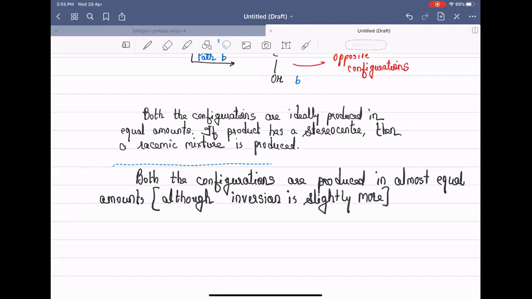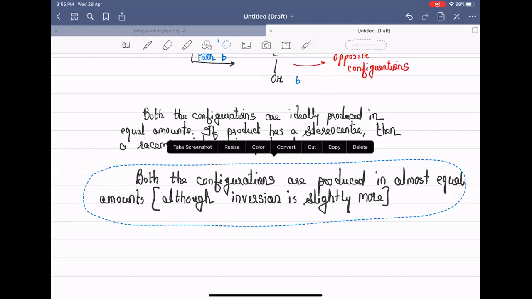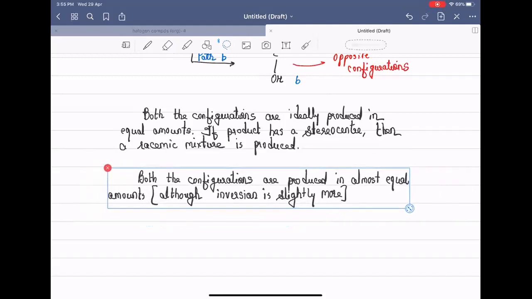Can anyone tell me why would inversion be slightly more? Just think about it. I'm coming back to you.